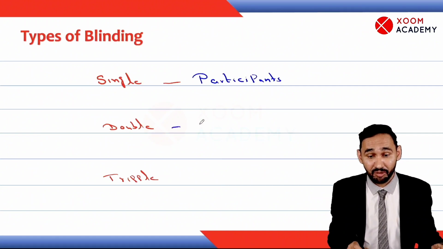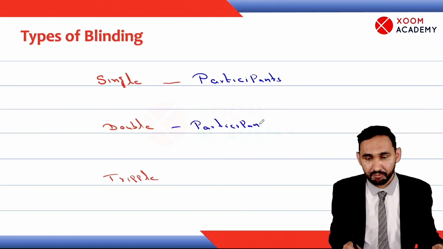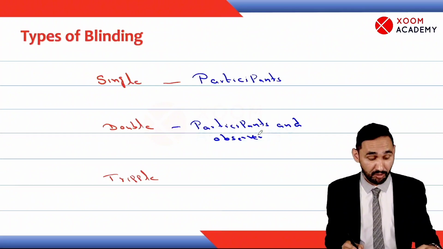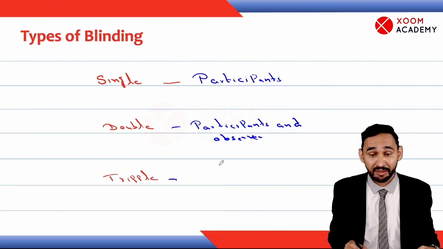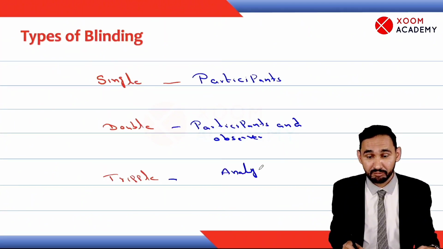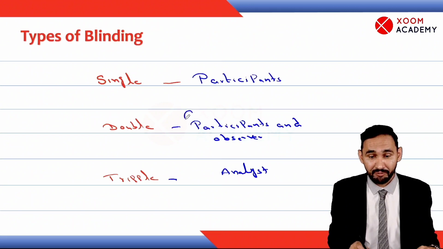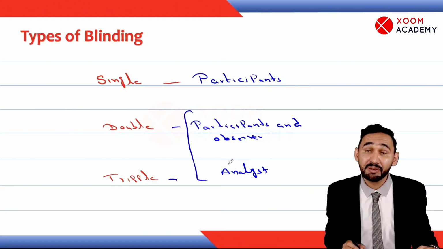When both participants and observer are blinded, this is called double blinding. Both of them don't know which group is study and which group is placebo. And when we blind the analyst also, with the participant and observer, this is called triple blinding.